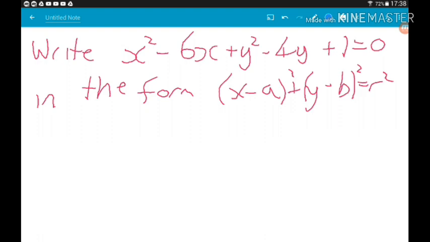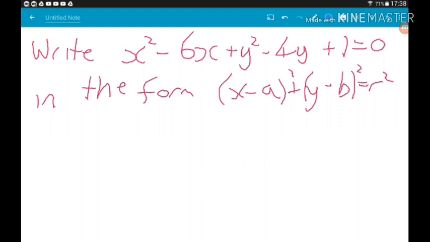So we need to complete the square twice, on the x terms and on the y terms.